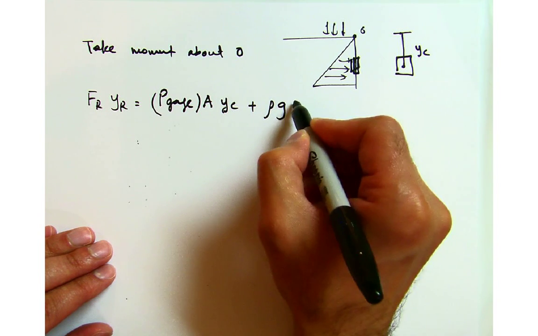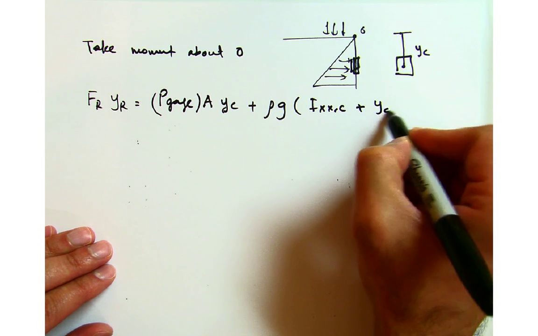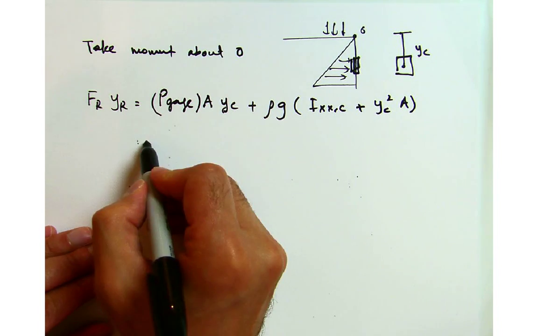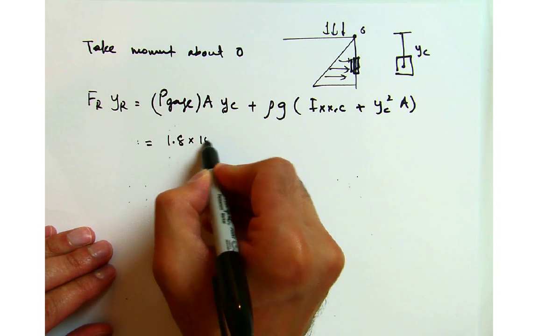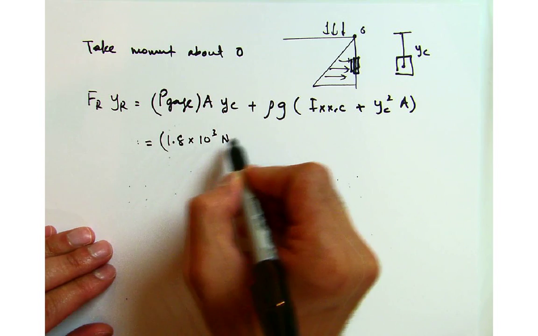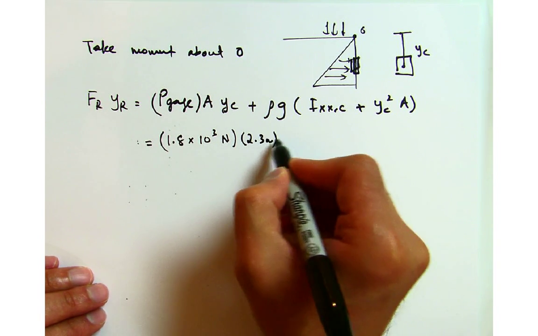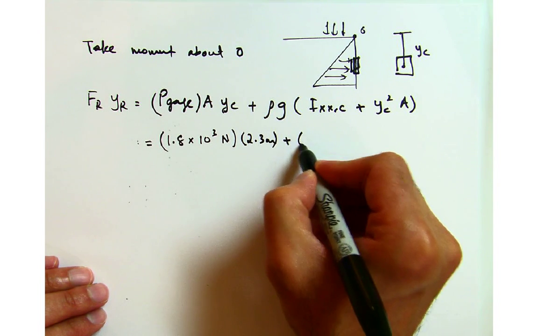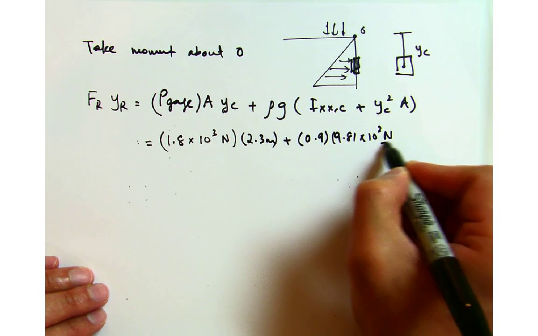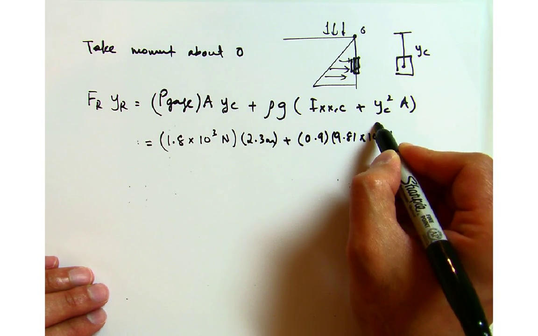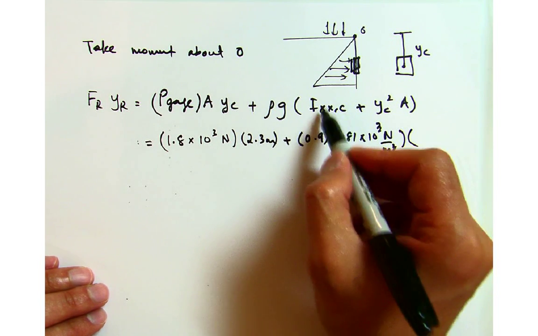And then we have rho g Ixxc, the second moment of area about the centroid, plus YC square A. I have this quantity we computed on the previous page, so this is multiplied with 2.3 meters, and then we also have 0.9 times 9.81 into 10 raised to power 3 Newton per meter cube, times Ixxc, which is the second moment of area.